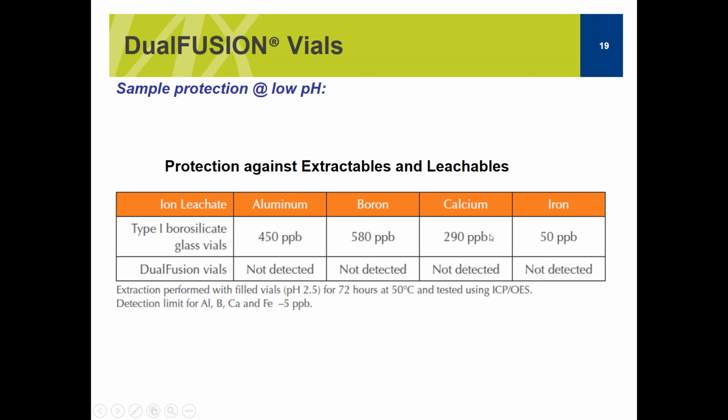Okay, with DualFUSION, nothing is coming out at all. So this just shows that DualFUSION is protecting the sample from extractables and leachables at low pH, and you're not going to have drug container interaction here.